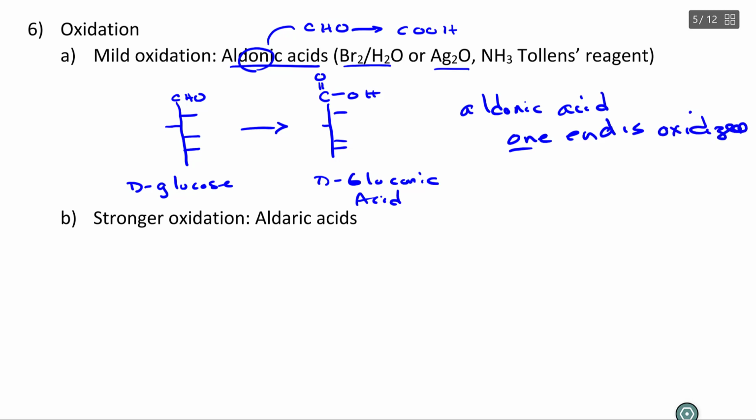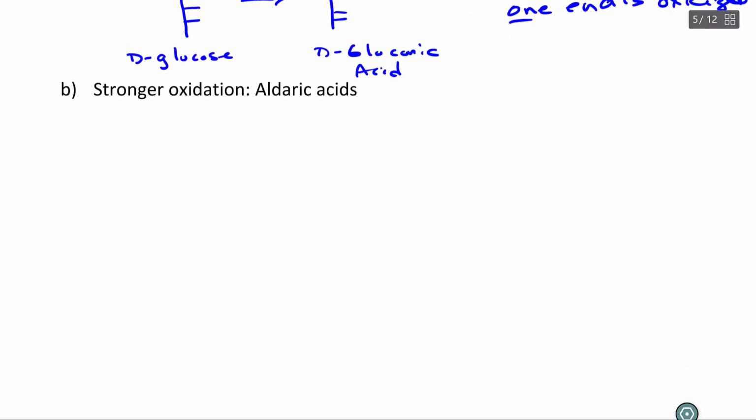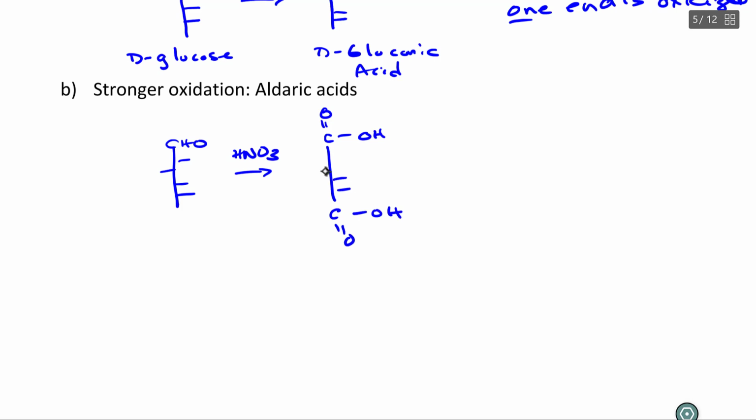Now, if you do the same reaction with a stronger oxidizing agent, this nitric acid, HNO3, what you actually end up with is an aldaric acid, and so the top becomes a carboxylic acid, and the bottom becomes a carboxylic acid, but the middle carbons retain their original stereochemistry.